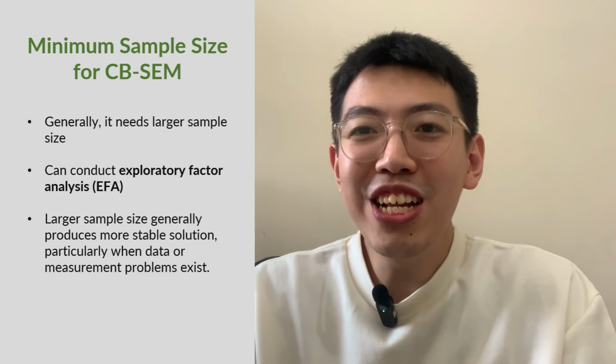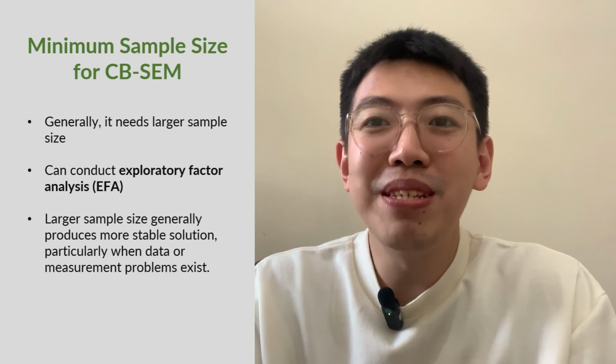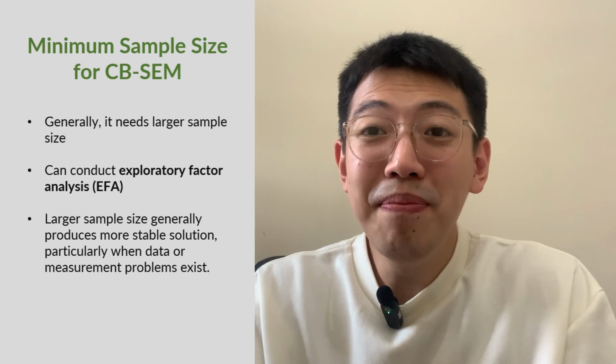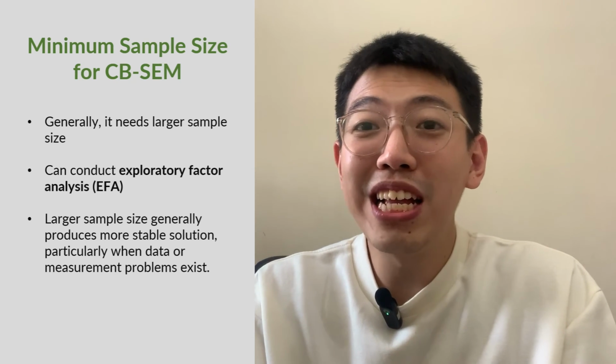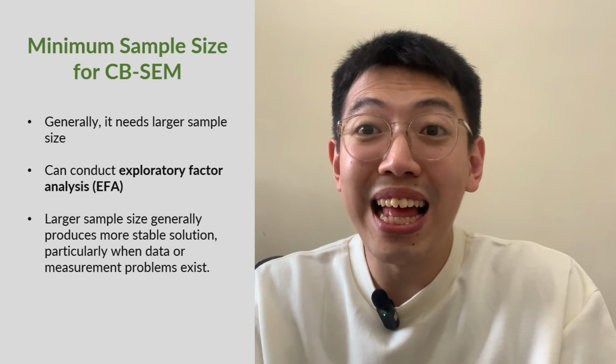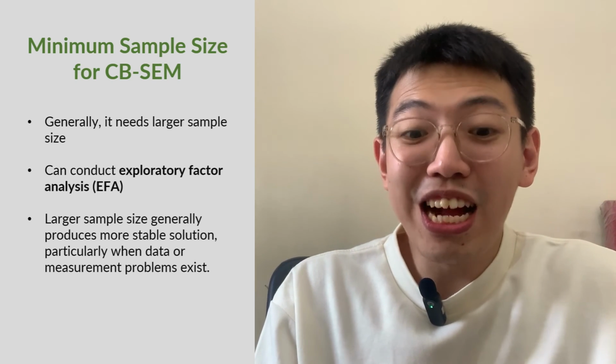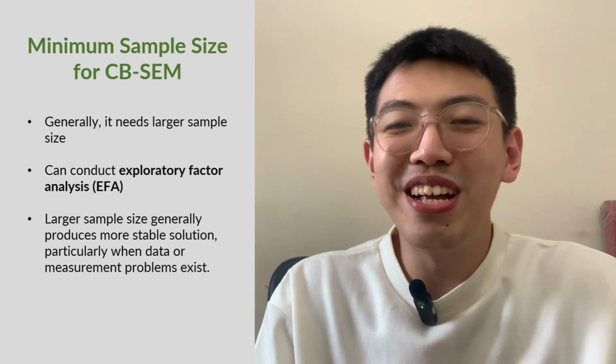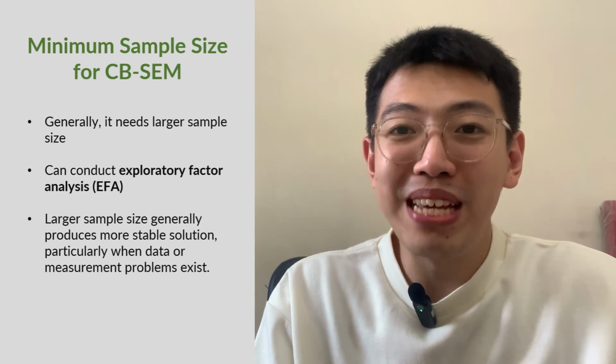How about covariance-based SEM? Generally, covariance-based SEM needs a larger sample size. In covariance-based SEM, such as Amos and Lisrel, you can conduct exploratory factor analysis. Larger sample sizes generally produce more stable solutions, particularly when data or measurement problems exist.